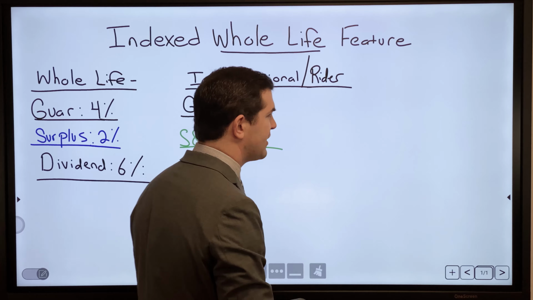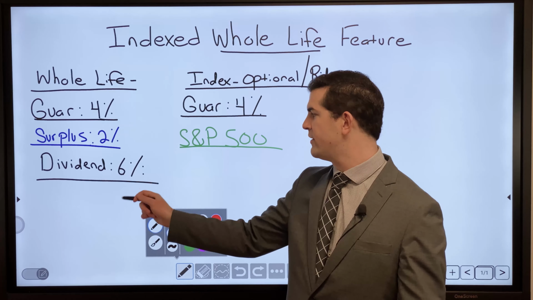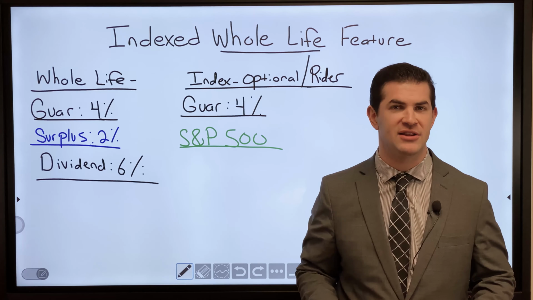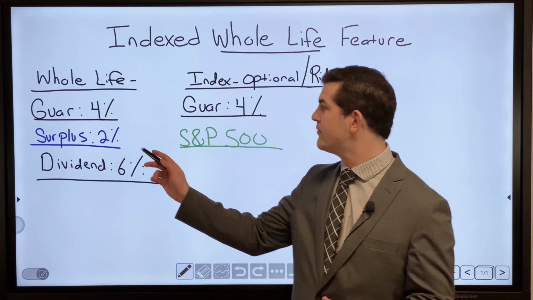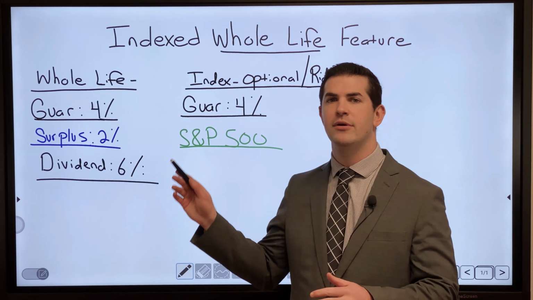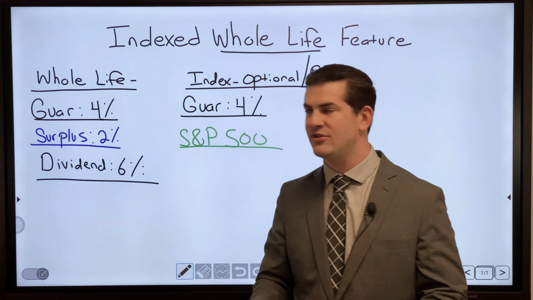Meaning, if the company declares a surplus of 2% for a total dividend of 6%, that would be the declared dividend rate on my policy that year. If I elect to participate in the index strategy with the S&P 500, instead of participating in the company's surplus, I will receive performance based off of what the S&P 500 index did.